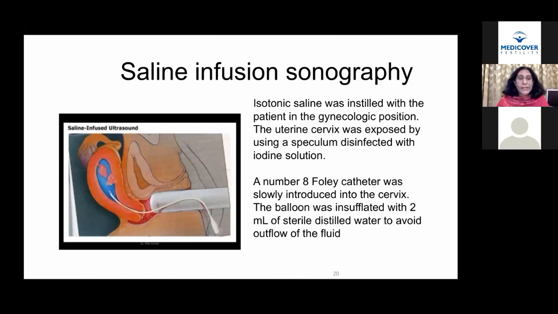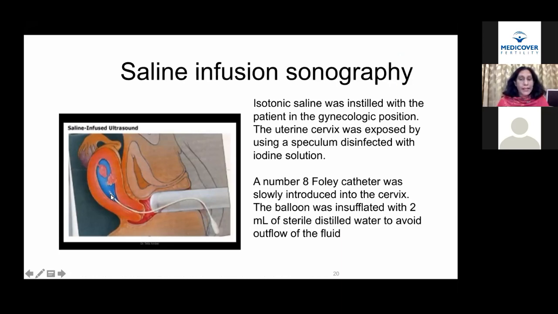This is what we call saline infusion sonography. Isotonic saline is instilled in the patient in gynecological position, and the uterine cervix is exposed with a speculum. A small Foley's catheter is introduced. As you can see here, this catheter has gone inside.